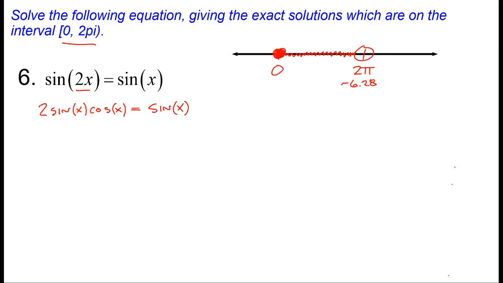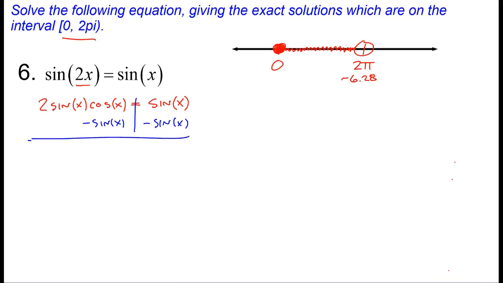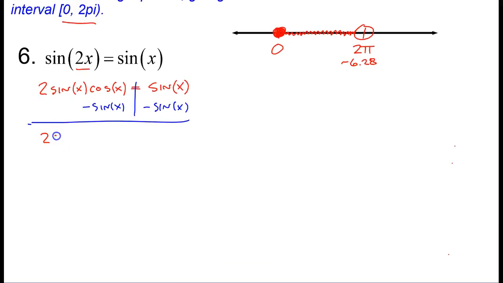Let's subtract sine x from both sides. So if I subtract sine x from both sides, and I'll just write it out here for you, minus sine x, minus sine x. What we end up with is an equation that looks like this. I have 2 sine x cosine x minus sine x equals 0. So we have a 0 on one side.